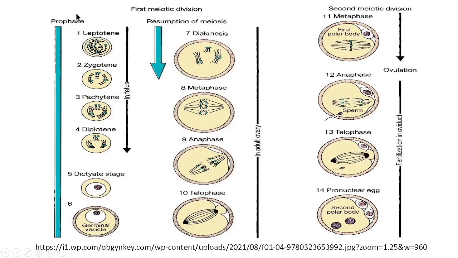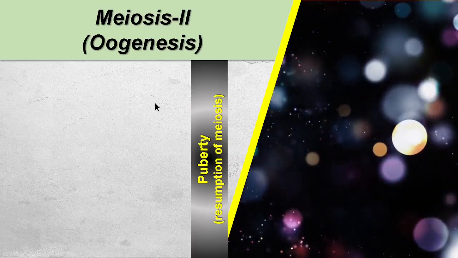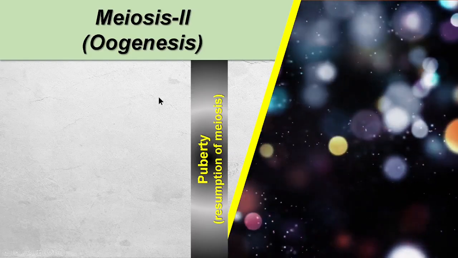This is the diplotene stage of prophase 1 where the oocyte is arrested, and this stage of the oocyte is called the dictyate stage. At birth, all the oocytes in the ovary are at the dictyate stage. So that is meiosis 1.